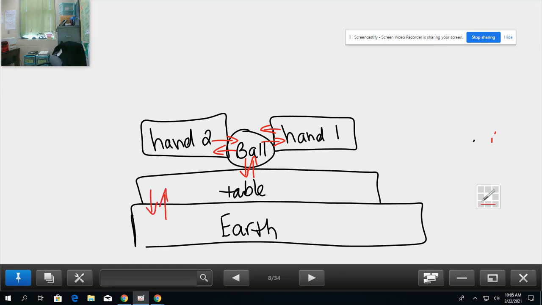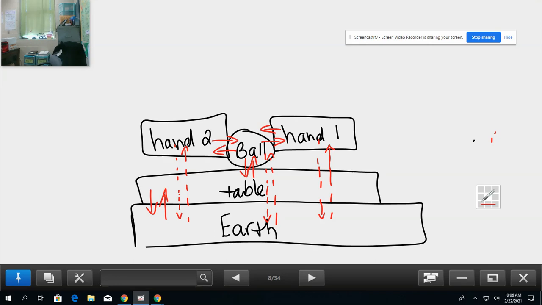The table and the Earth are interacting with each other. The Earth is also pulling on the hand, and the hand's pulling on Earth. The Earth is pulling on the ball, and the ball's pulling back on Earth. Same thing for hand one. And notice that our table and hands are not in contact.